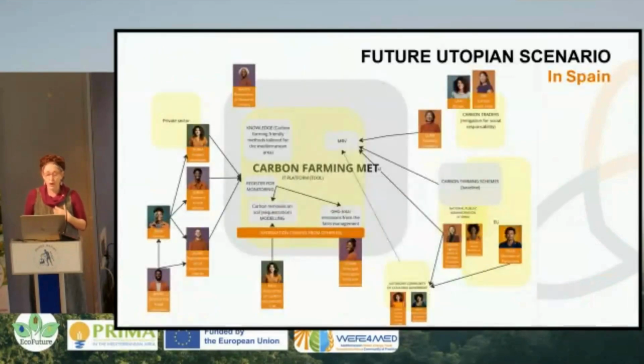And then we have also been working with these future utopian scenarios online. This is the one that you remember, Carlos from the Carbon Farming Met. We involved him to do with his team a future utopian scenario. So we tested this online and he did his own one.